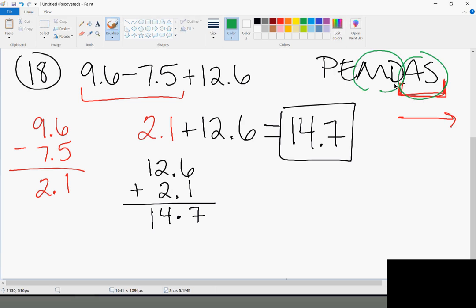Once you get to the multiplication, division, addition, subtraction, it's based on what's first from left to right. So it's kind of interesting and scary how many people on my Facebook thought they knew, or said they were taught that it always goes in that order. But that's okay. We are going to fight that and help save the world order of operations.